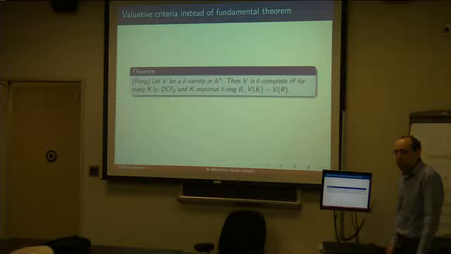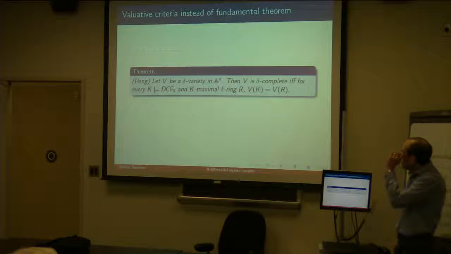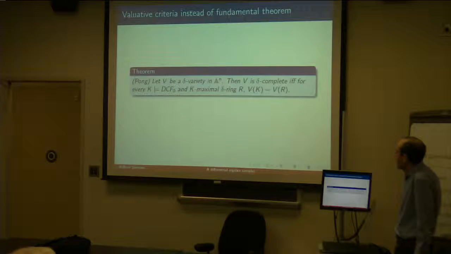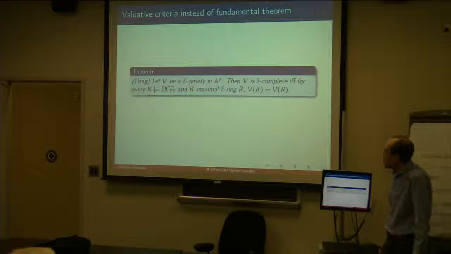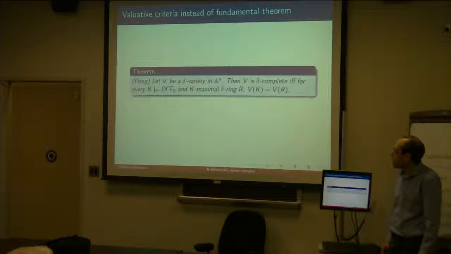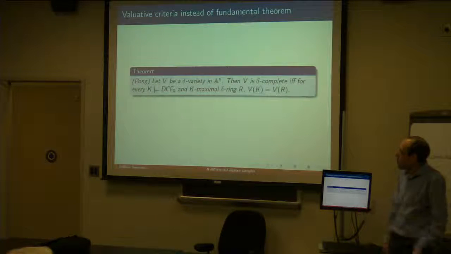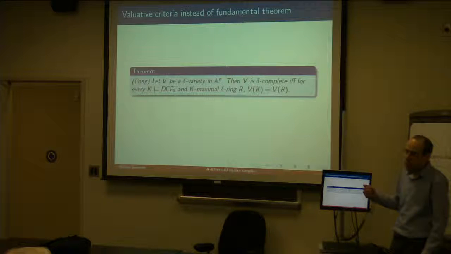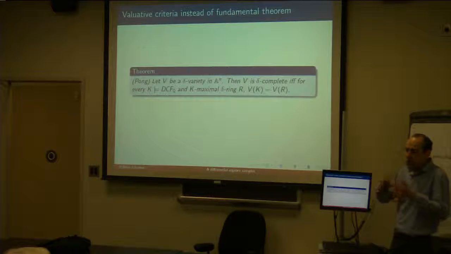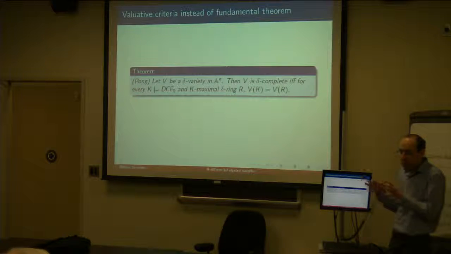Does that require the base field to be differentially closed? Where that hypothesis comes in is in using the positive elimination results of Van den Dries. What you do is start off to show that you're equivalent to a system of differential polynomial equations.